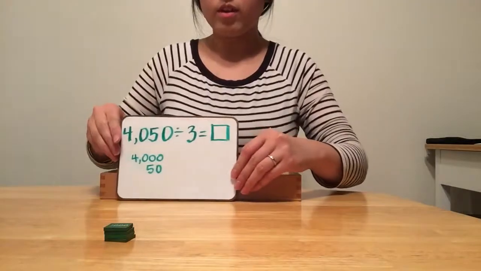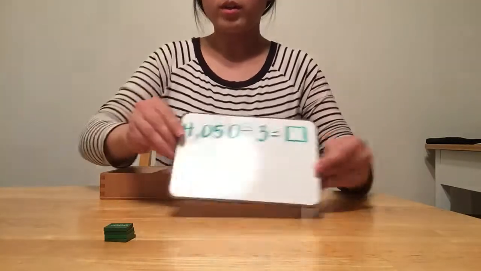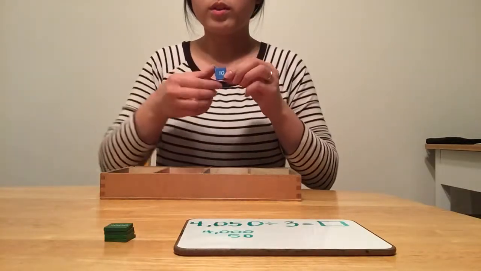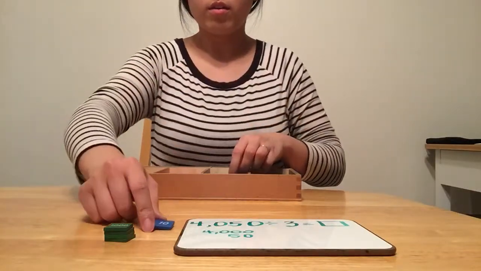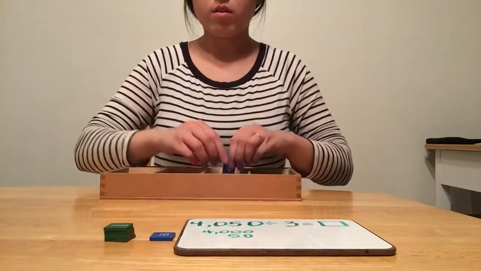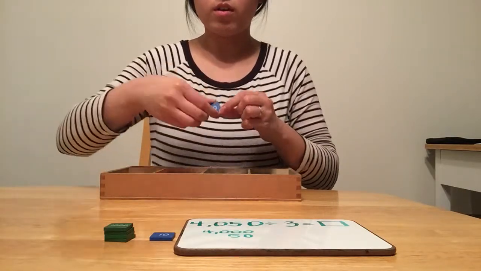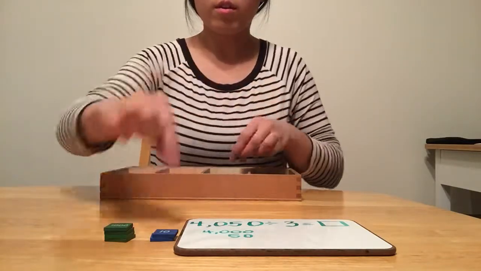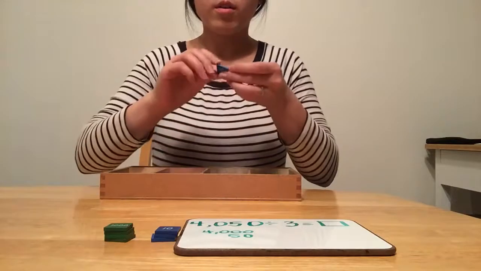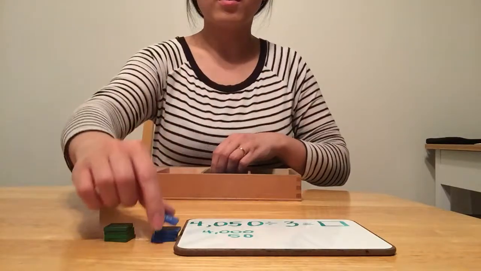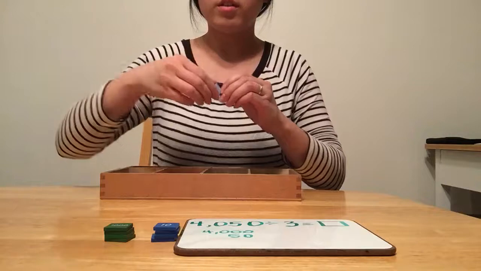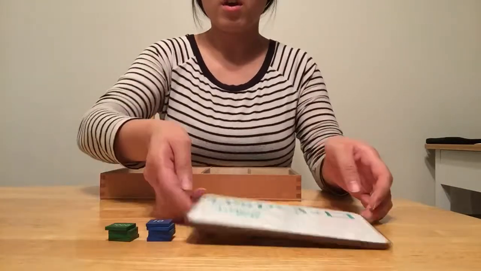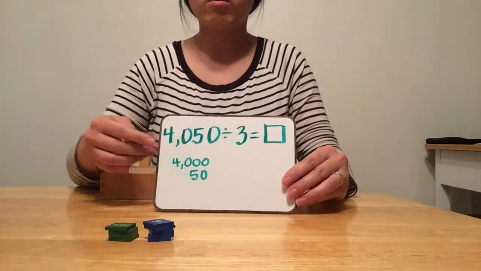I'm going to grab the blue one. So that's 10, 20, 30, 40, and 50. So now I have 4,050 represented from my equation.